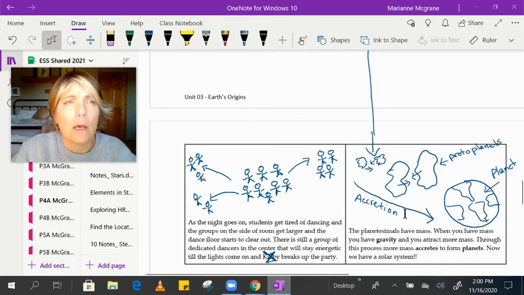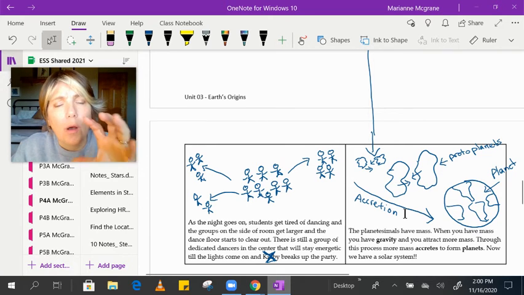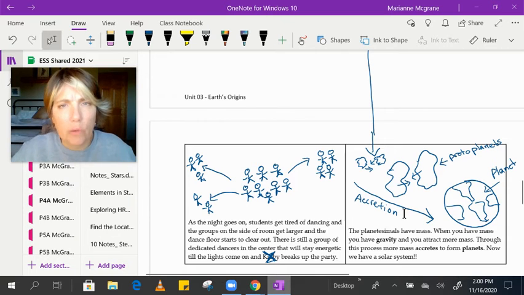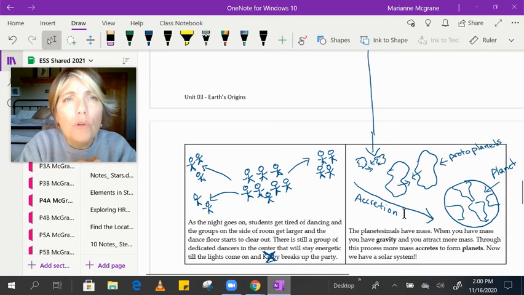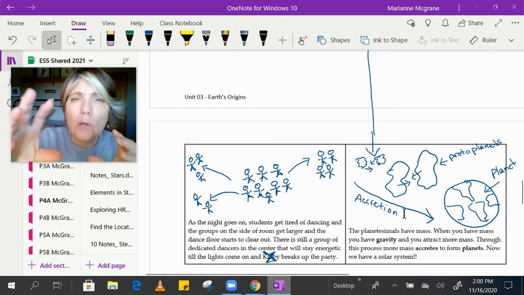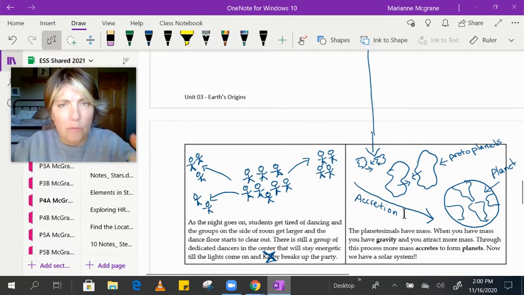Accretion is kind of like if you have a snowball and you throw it against a brick wall. Part of the snowball sticks to the brick wall, and you've just added mass to the brick wall. Some of the snow falls away, but a part of the snow sticks. Over time, if you kept throwing snowballs at that wall, you would be building more and more mass of the wall through what's called accretion.